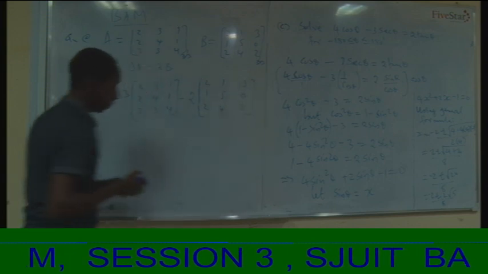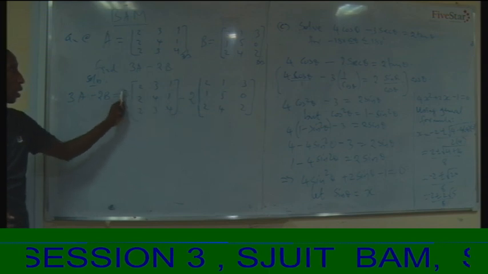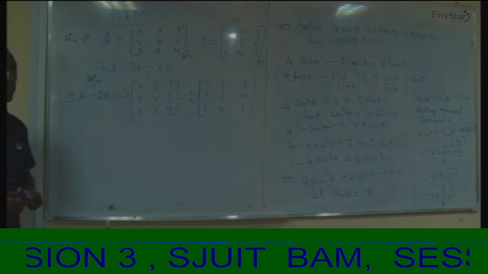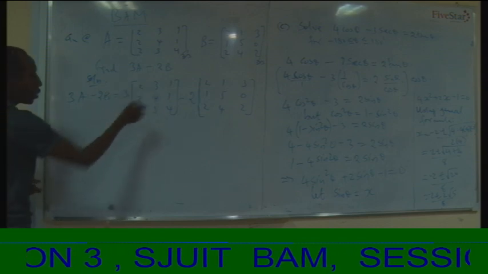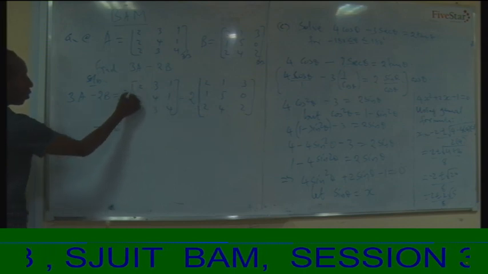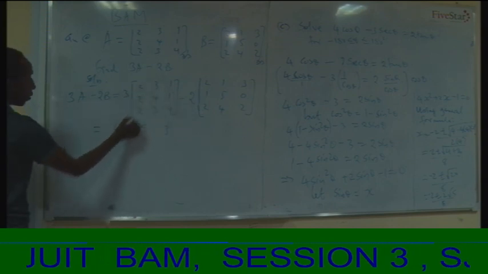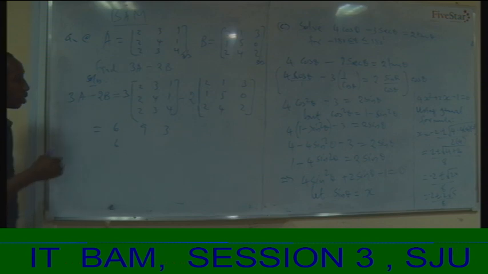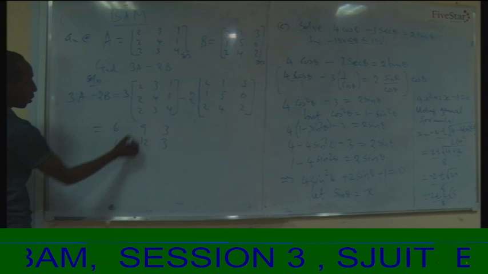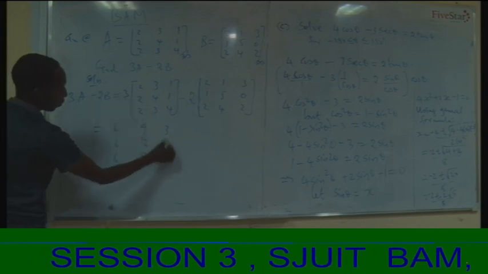Before subtracting, we need to multiply each entry in the matrix by the scalar. It's called a scalar multiple of a matrix. So 3 times 2 is 6, 3 times 3 is 9, 3 times 1 is 3, 3 times 2 is 6, 3 times 4 is 12, 3 times 1 is 3, 3 times 2 is 6, 3 times 3 is 9, 3 times 4 is 12.